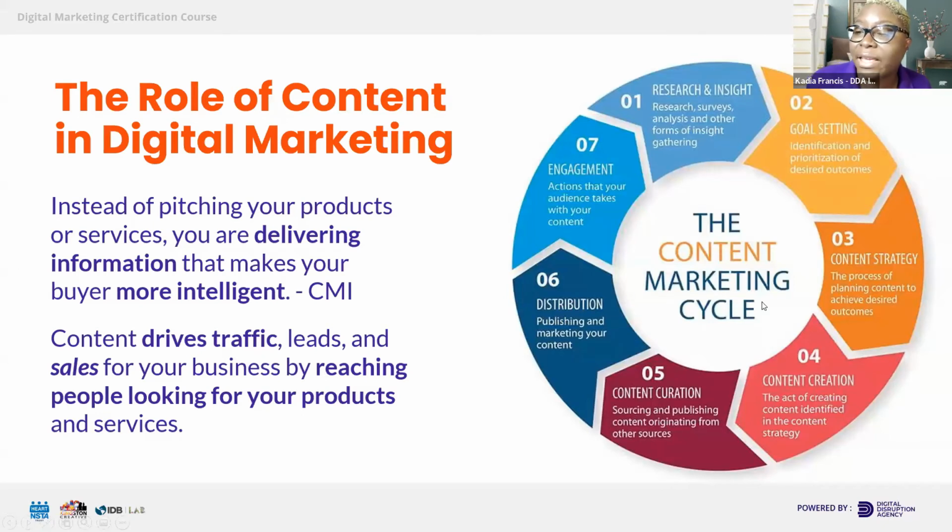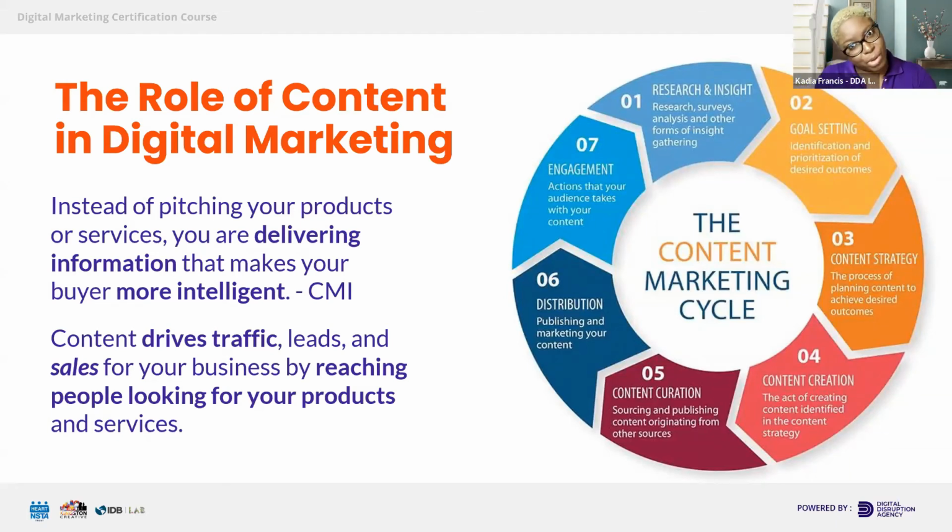So this is a graphic here, the content marketing cycle. So you're going to do research, service analysis, and other forms of insight gathering like competitor analysis, right? You're going to set your goals. You're going to create your strategy. You're going to create your content. You're going to also curate content, because content marketing is hard. You don't have to create all the content. You can also source content. You're going to distribute the content and you're going to engage, right?